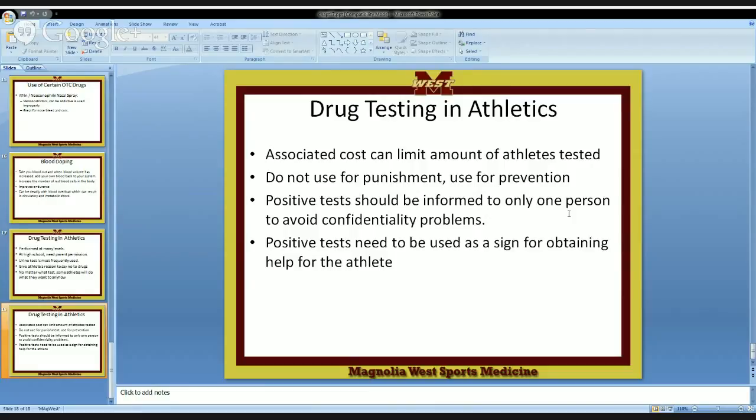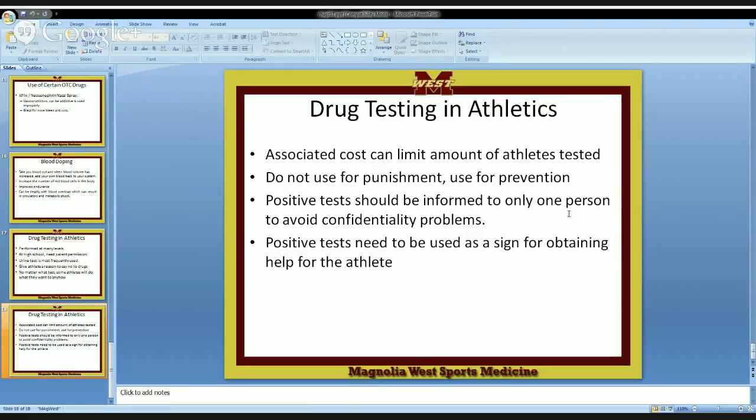Don't make a coach or an athletic director be in charge of knowing who gets it done. Let's say she gets popped for it, and her mom comes in and says, "She doesn't do that. You faked it, and you put somebody else's in there because you don't like her." Well, if he never knows and he's never part of the process, then that eliminates all that problem.